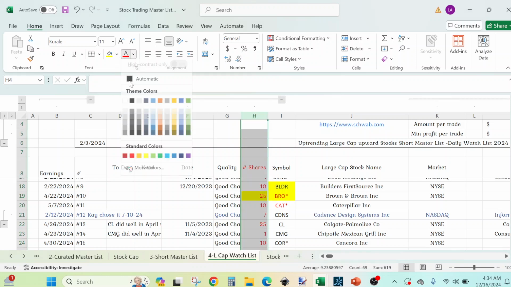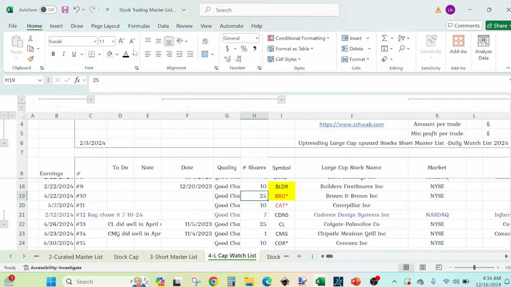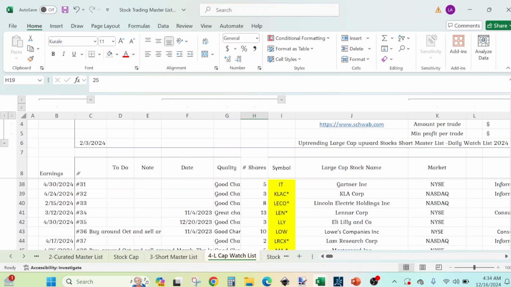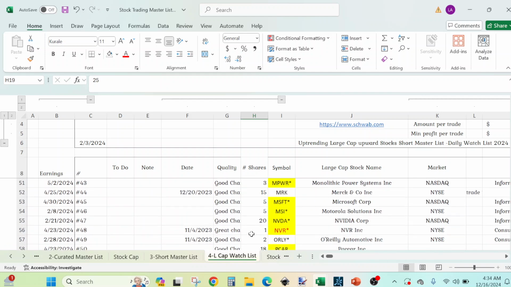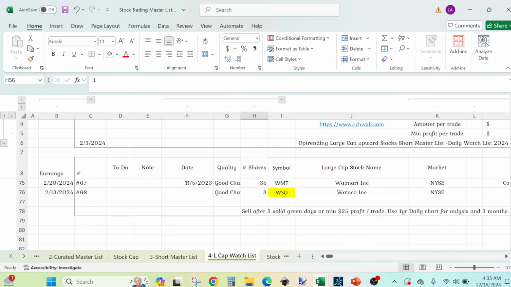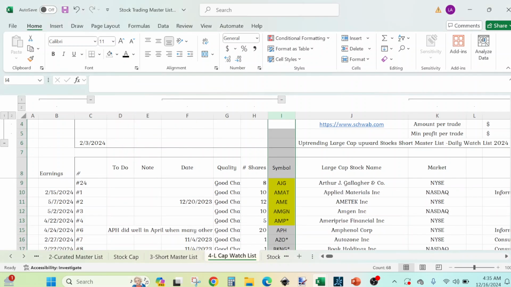I'm going to make this one red to take note of that, because those are something we purchased already, and we are thinking that maybe if they go back to the trend line, we might buy some more. So I'm going to take note of that, and turn the next column back to its original color, black, and then we can continue from there.